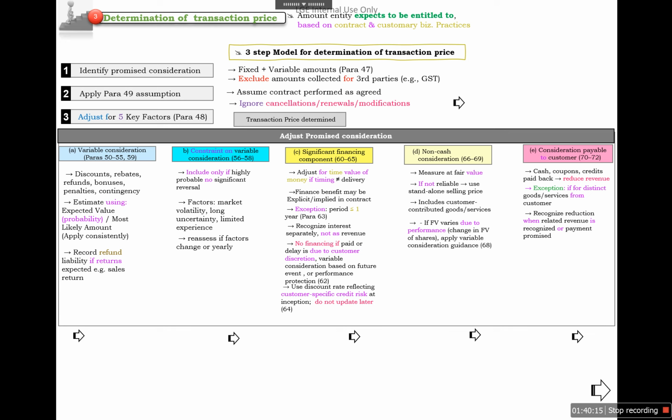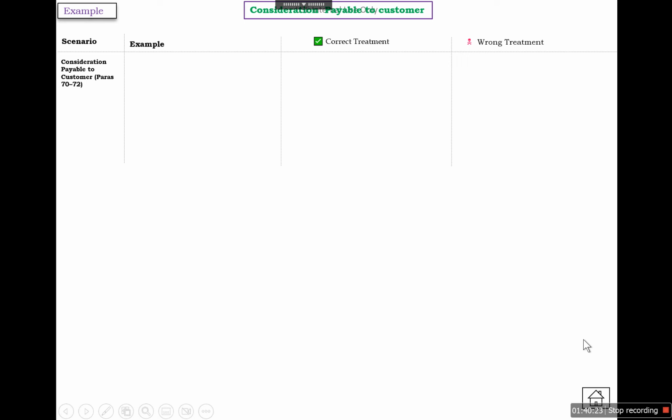So in this case, we need to reduce the revenue. For example, an FMCG company pays a retailer 10 lakhs as promotion allowance. So we need to reduce the transaction price. If we don't, we book it as a marketing expense and book full revenue.